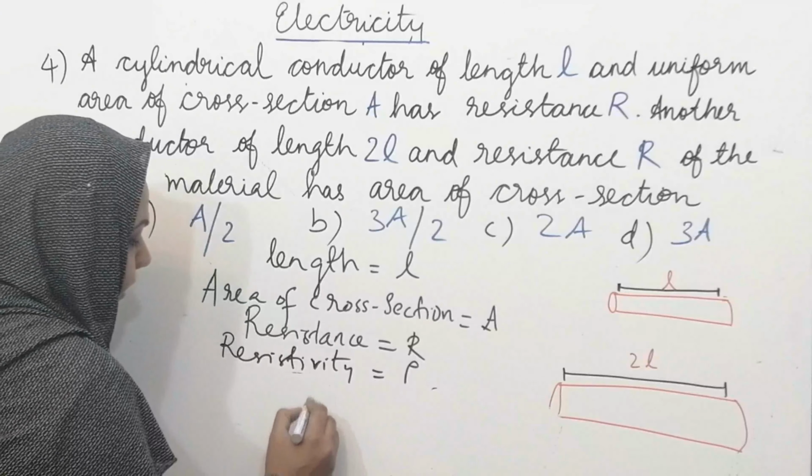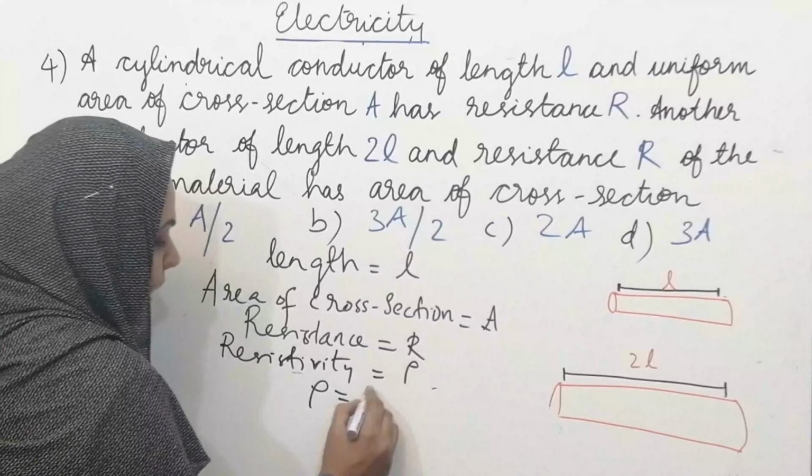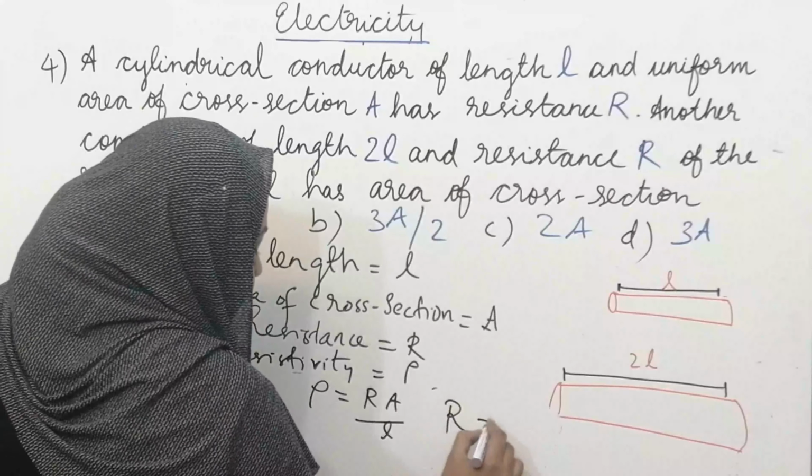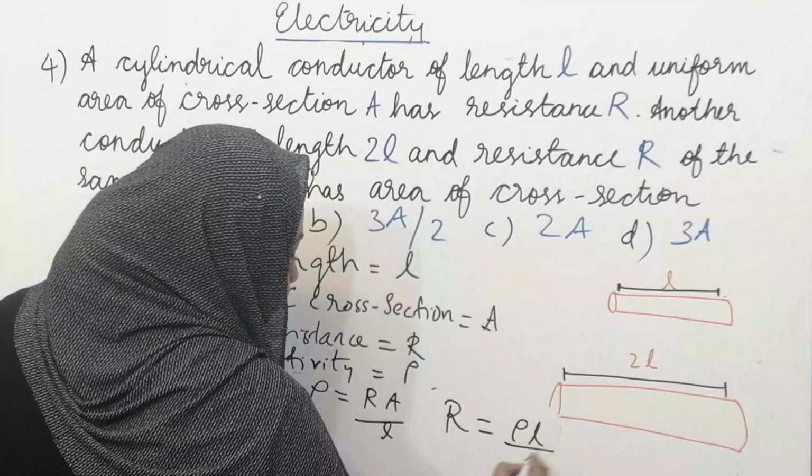So from this you can write rho is equal to R A by L. From this you can find resistance is equal to rho L by A.